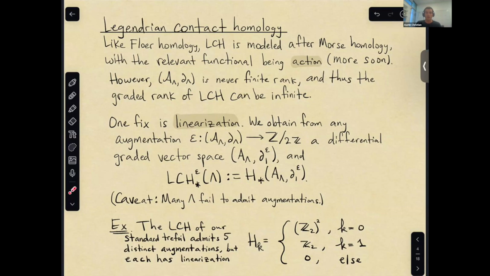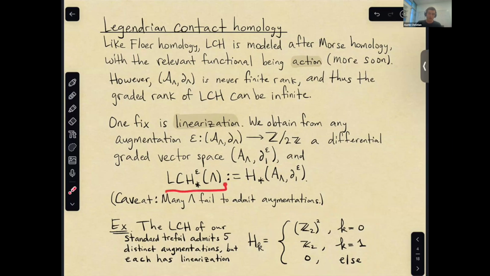One way to fix this, and this is also due to Chekanov, is via linearization. So if your DGA admits an augmentation, then you can define this graded vector space, which is the linearized Legendrian contact homology with respect to that augmentation epsilon. And so for the trefoil that appeared on the previous slide, you can go through and compute the full Chekanov-Eliashberg DGA, and then that admits 5 different augmentations, and each of those augmentations gives the same linearized Legendrian contact homology.